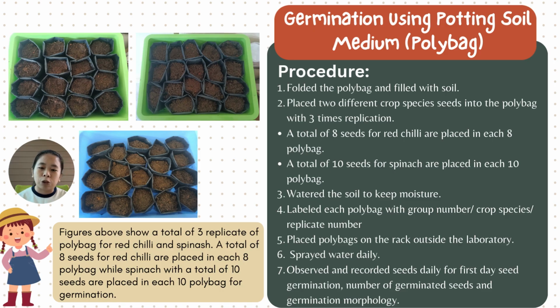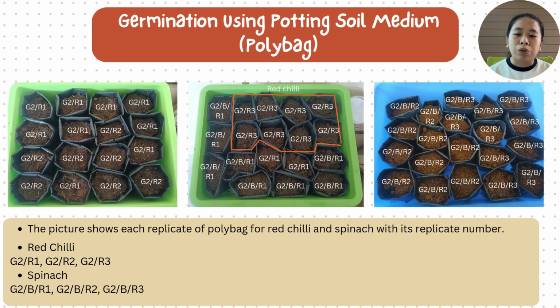On the left hand side, it shows a total of 3 replicates of polybags of the red chili and spinach. A total of 8 seeds for the red chili are placed in each of 8 polybags, while spinach with a total of 10 seeds are placed in each of 10 polybags for germination. The picture above shows the replicates of the polybags for red chili and spinach with their replicate numbers.